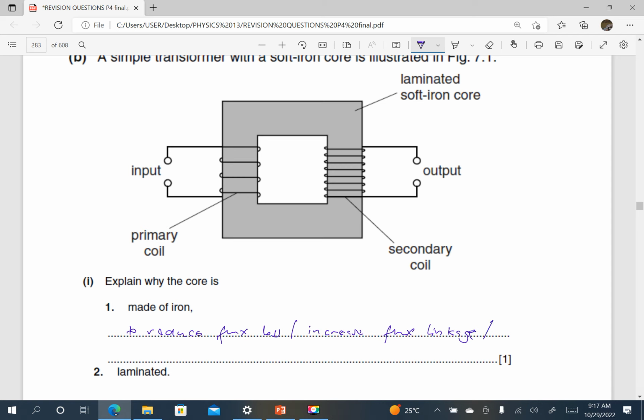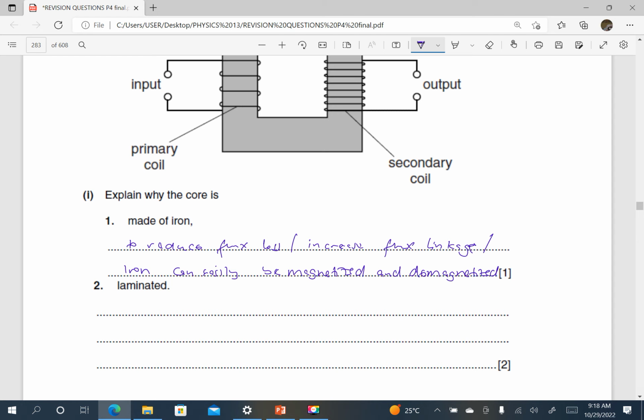Or you could say iron can easily be magnetized and demagnetized.